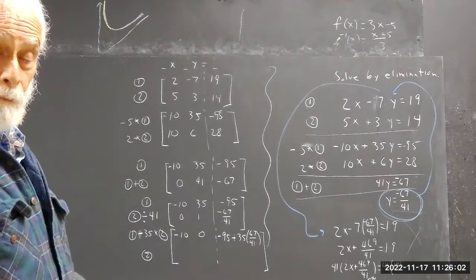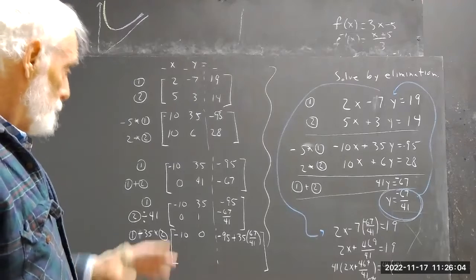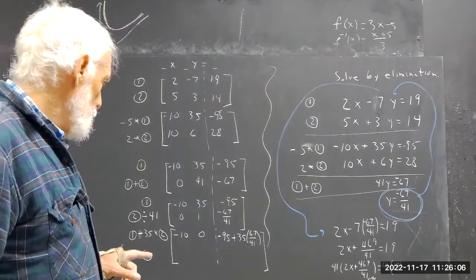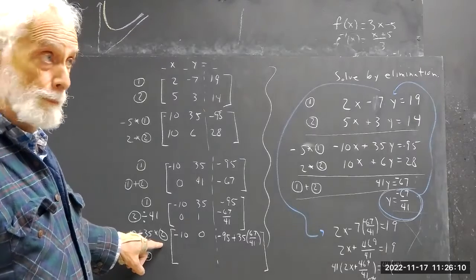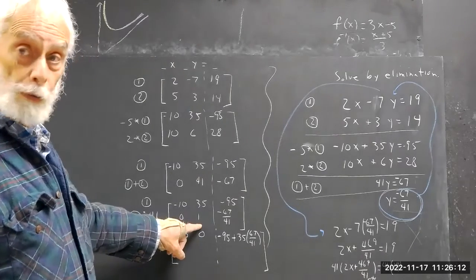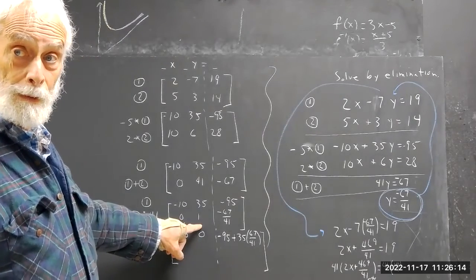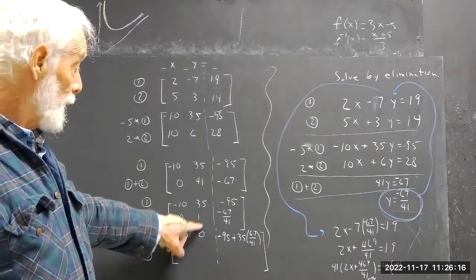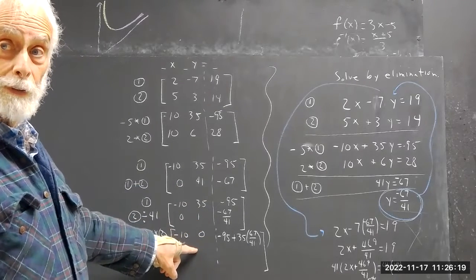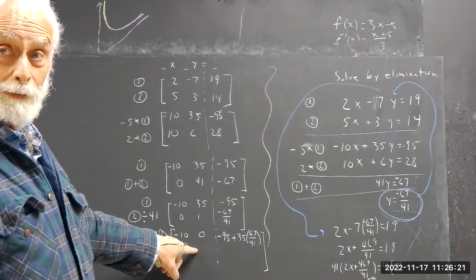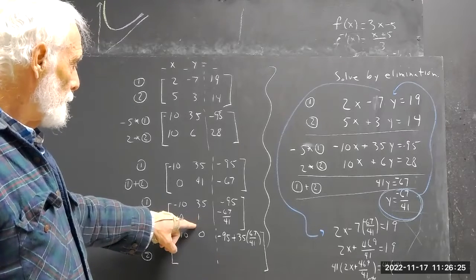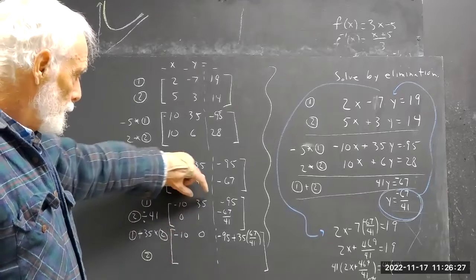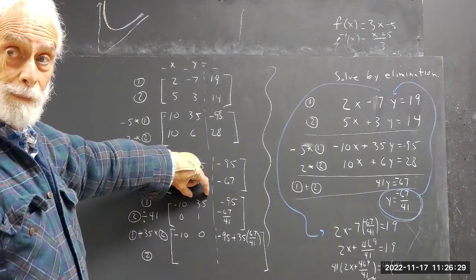Okay. Now that's something we want to look at carefully. Again, if I'm doing negative 35 times row 2, that's going to give me a negative 35 here, right? When that's added up here, it's going to give me 0, and that's why I chose negative 35. It's really easy to see what I have to multiply by this row and add to this if I want to eliminate this.